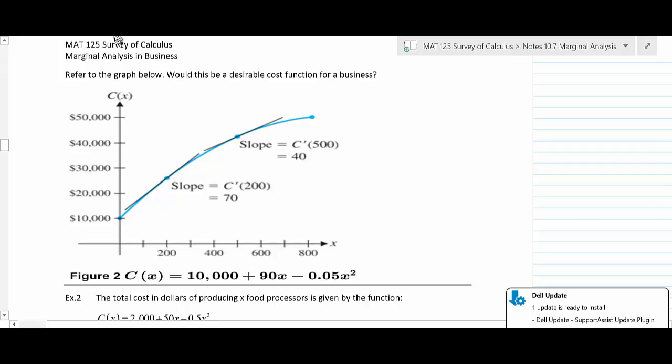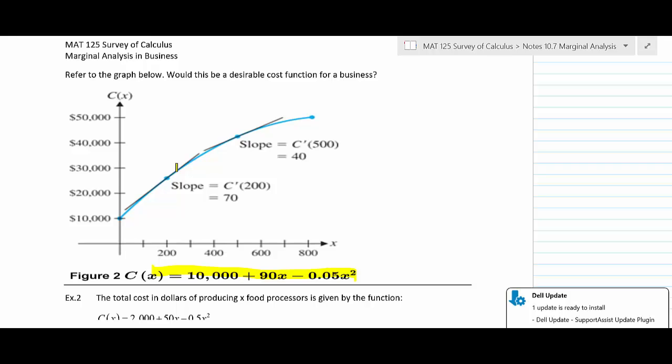This is the cost function that I graphed on my calculator to get that diagram. What's happening is the slope of the tangent line is changing, right? Which part would have a bigger rate of change, right here or right there? The lower one, yes, because the tangent line's steeper. So the rate of change is decreasing.